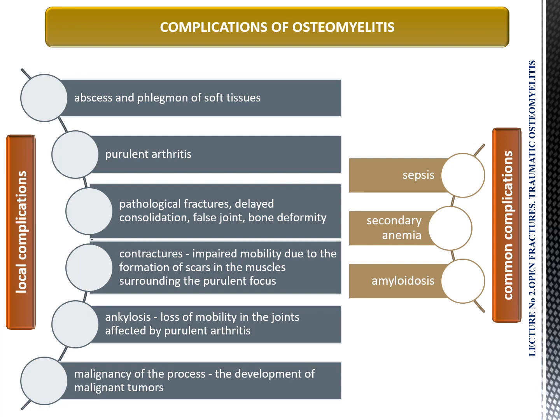A long-existing chronic inflammatory process leading to chronic intoxication can damage our detoxification apparatus, causing in particular kidney amyloidosis and secondary anemia. It is also one of the complications that constantly haunts patients with chronic osteomyelitis.